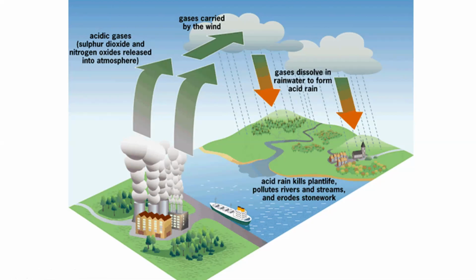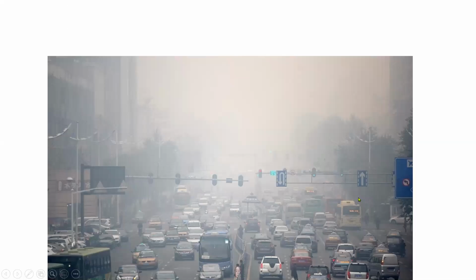So factories that are far away from us can produce these chemicals, the sulfur dioxide, the nitrogen oxides, get into the atmosphere, and then those chemicals interact with the water in the atmosphere, and as the clouds form, that rainwater is becoming acidic, and then clouds move until they are dense enough to actually release the rain, and then wherever the rainwater falls is where those organisms are going to be exposed to acid rain conditions, and it can kill plant life and pollute rivers and streams. It can do some damage to stonework or to paint on your car also.